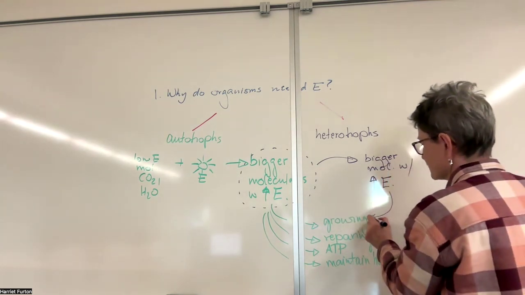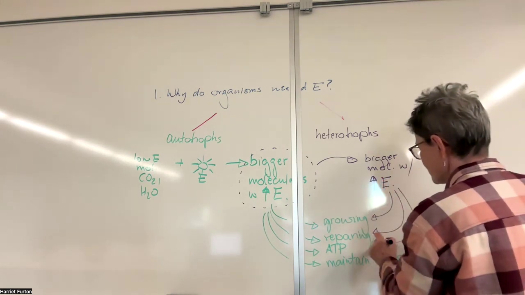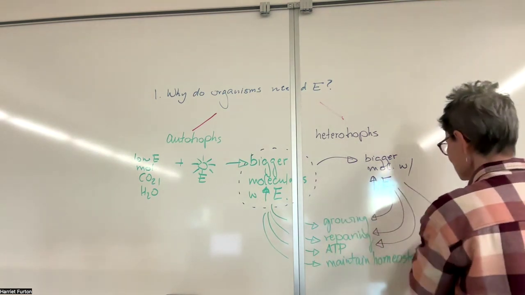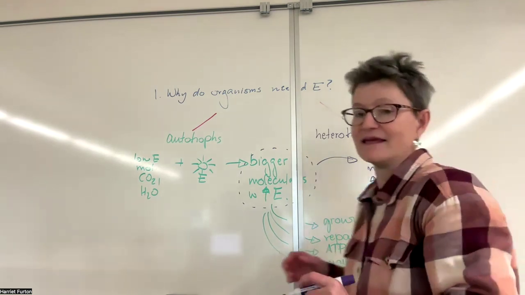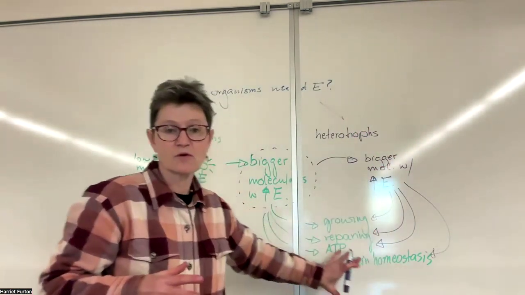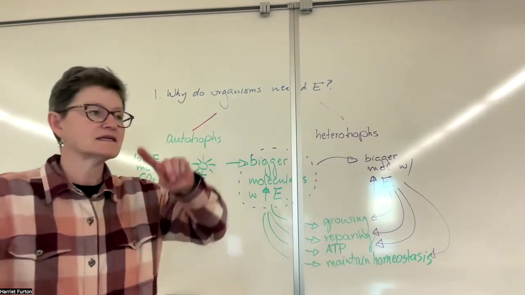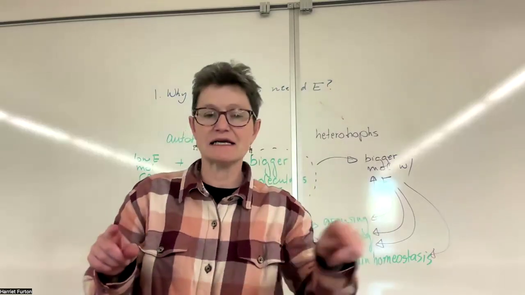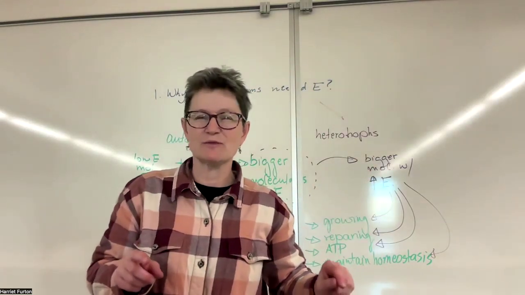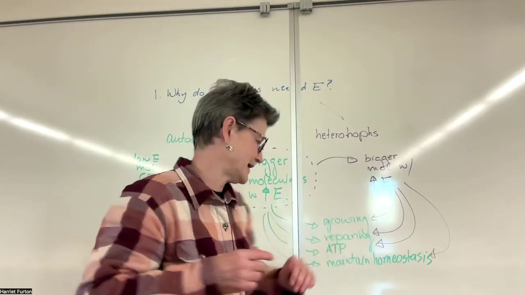They are using it for growing, for repairing cells, for just making ATP, as well as maintaining their homeostasis. So these are the common goals why we need energy in our system. While the matter recycles in the ecosystem, the energy is not going to be recycled, it will be used and dissipates.